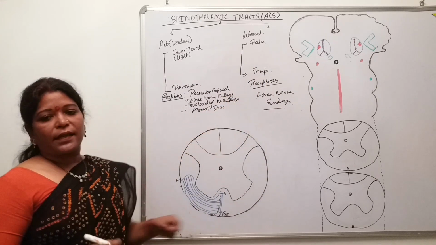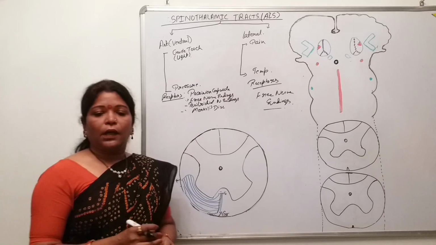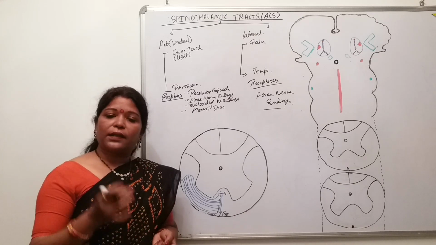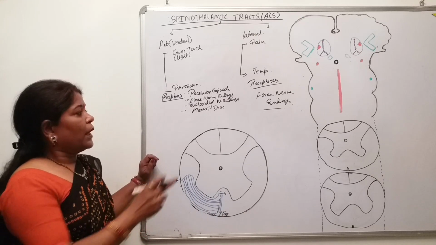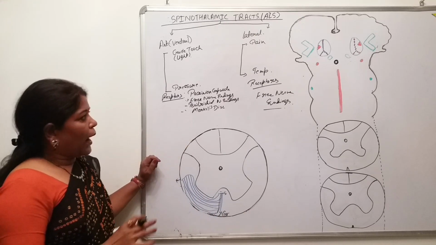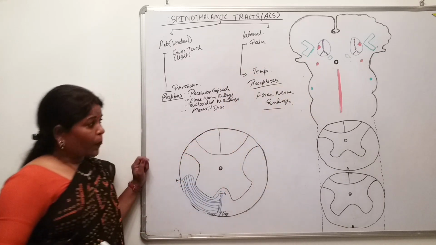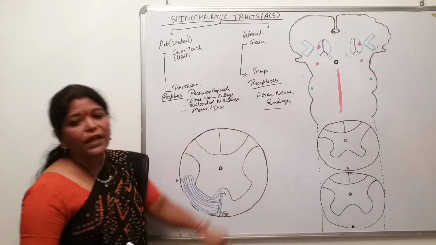Free nerve endings have a wide distribution in the body. They are present in the epithelium of the dermis, epidermis, the cornea, the alimentary tract, the joints, the ligaments, anywhere. So they are present throughout the body, and the pain and the temperature sensation is produced by the stimulation of these free nerve endings.